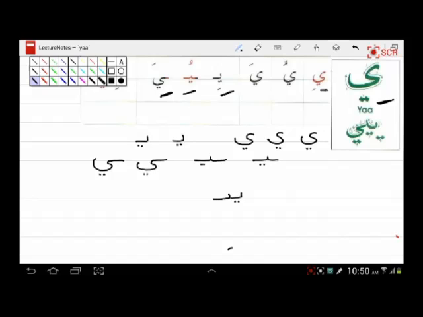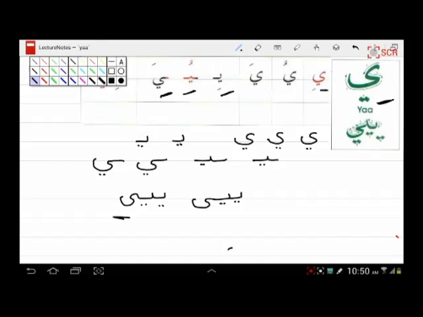Initial, middle, and final. Exactly. Initial, middle, and final. Okay, so that's more common.